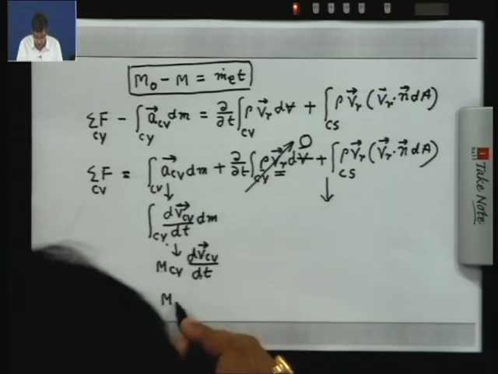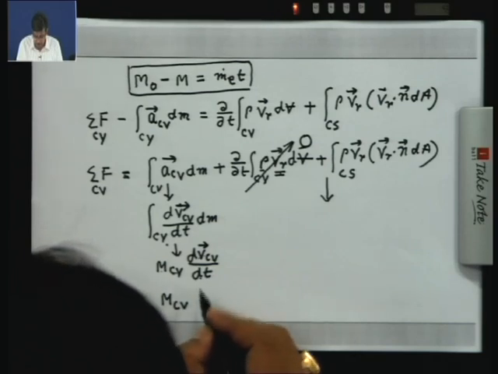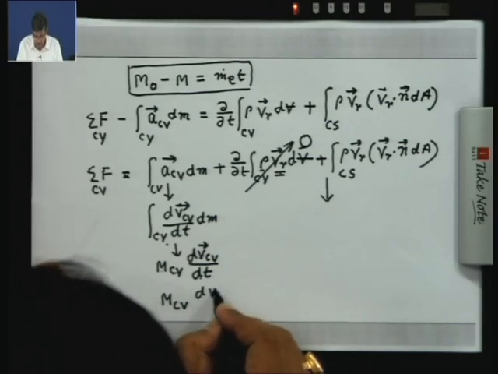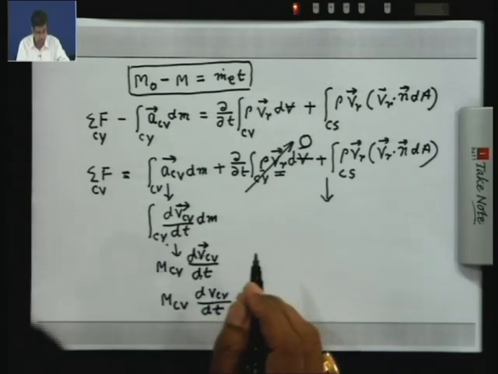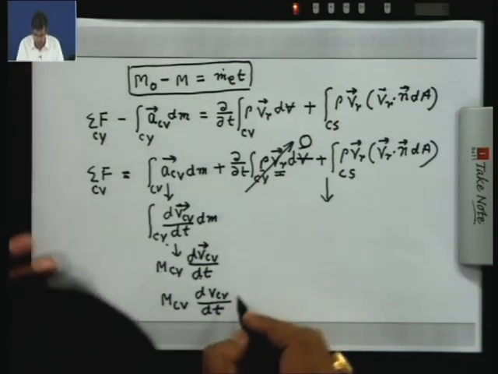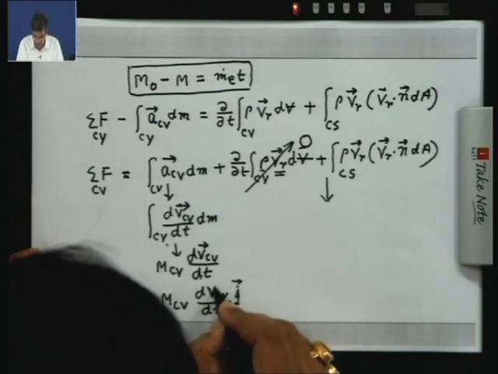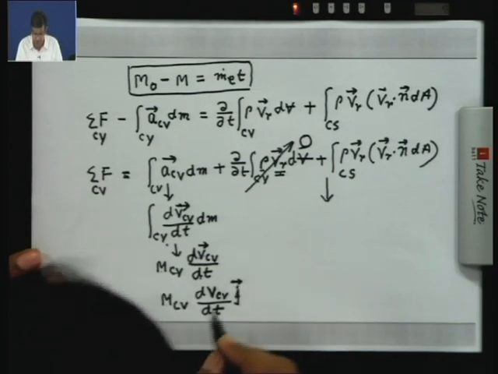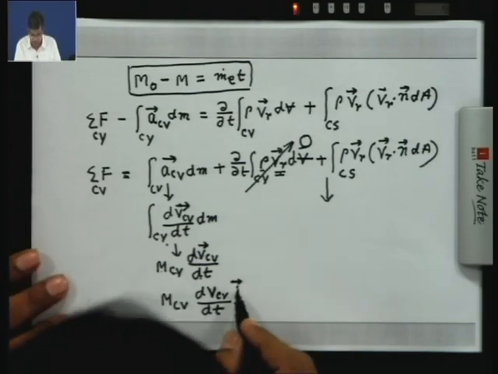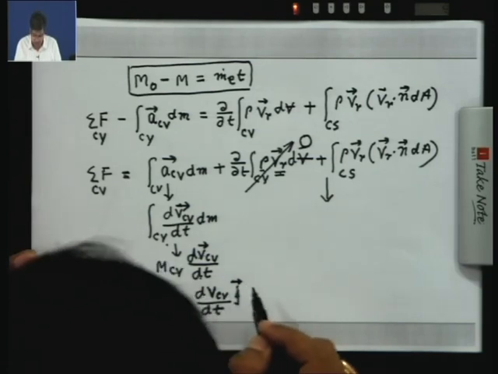This we can write in this way, mCV dVCV dt, and this is acting in the upward direction. That means we take the scalar magnitude of the velocity of the control volume with j, the unit vector acting in the positive direction of y, which is upward.